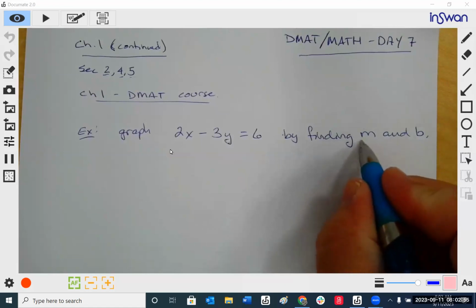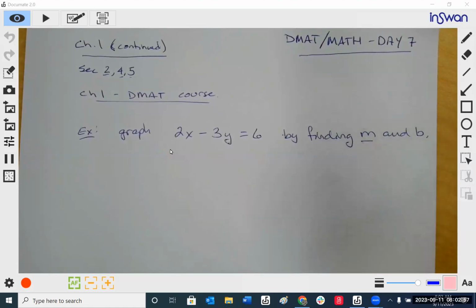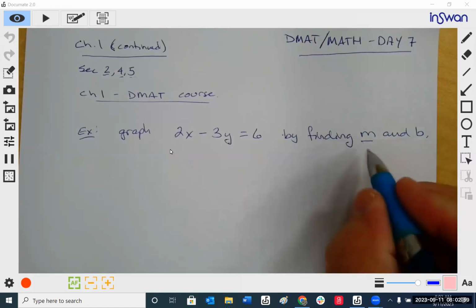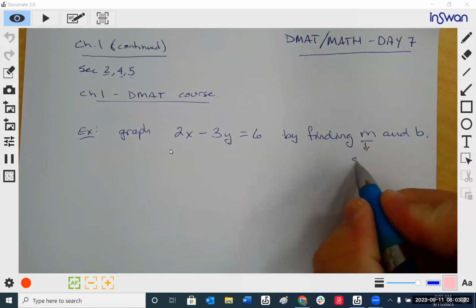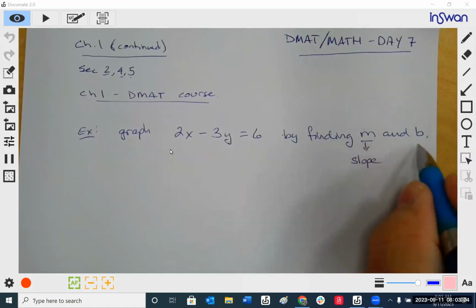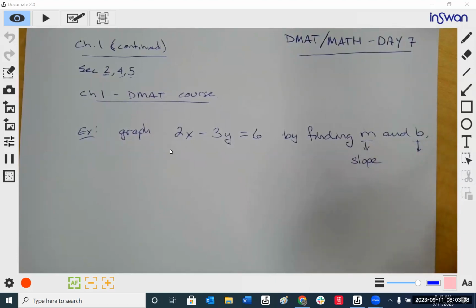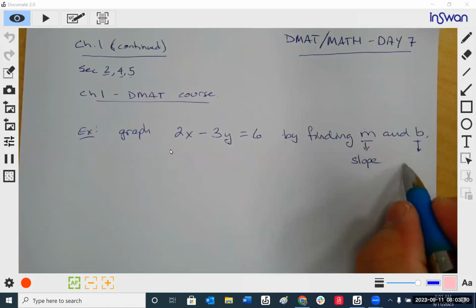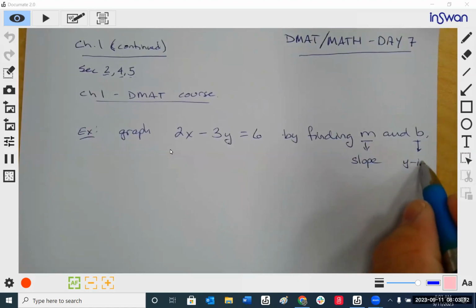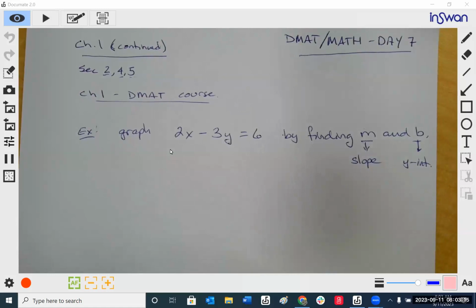What does m represent? The little m represents the slope, and b represents the y-intercept.